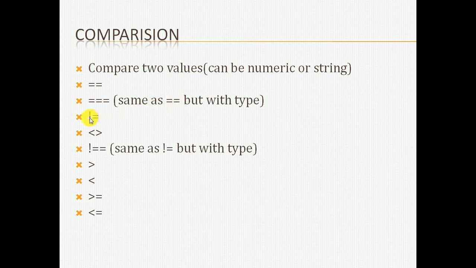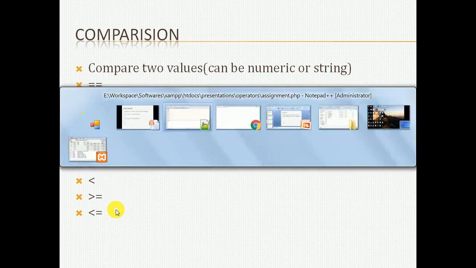This is for not equal to, right? This is also for not equal to. This is the same as not equal to but with type, same as in the case of triple equal to. This is greater than, this is less than, this is greater than or equal to, and this is less than or equal to. Now let's see the example for the comparison operator.